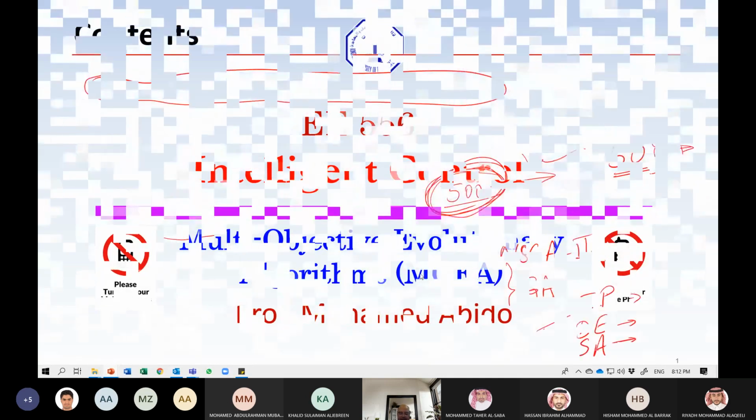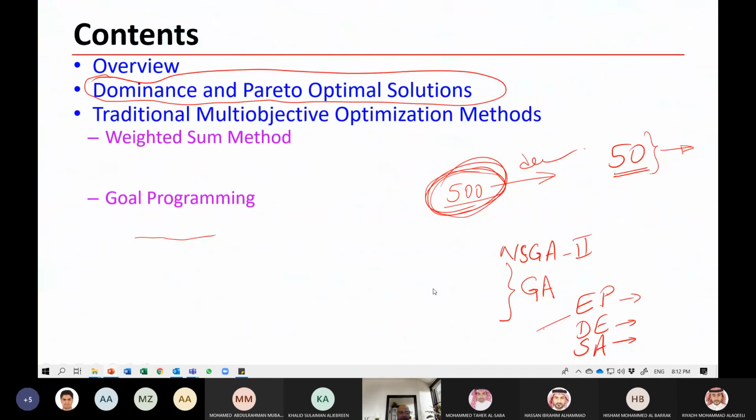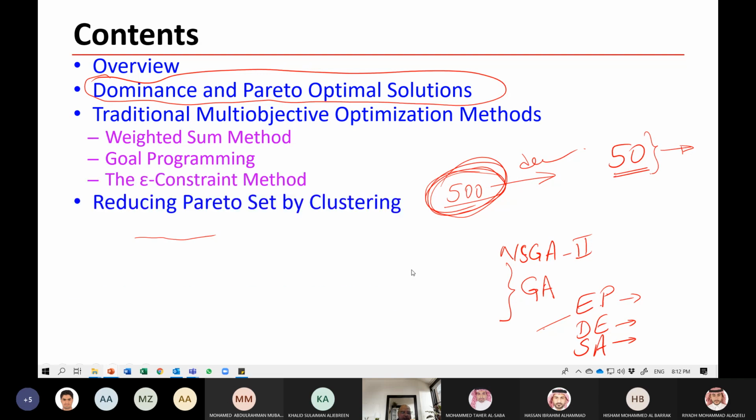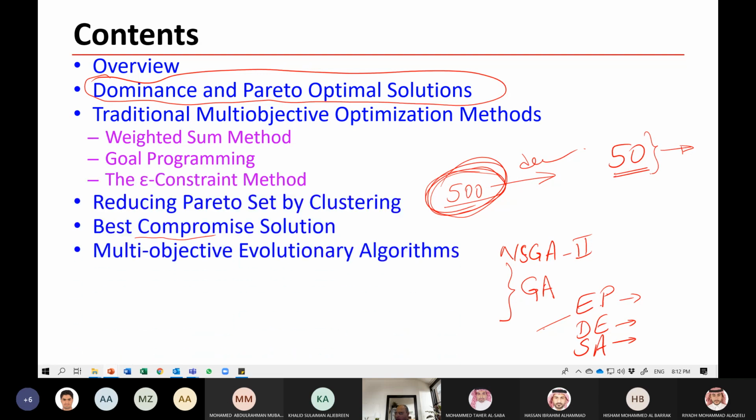So we started multi-objective optimization, and we introduced the concept of dominance, which is a very important concept for multi-objective optimization.